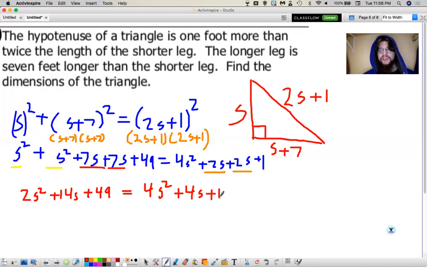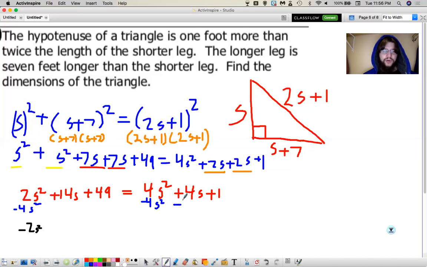It does not matter which side you make equal 0. Make one of them equal 0. I like getting everything to the left side. It's just personal preference. I am going to subtract 4s squared. In fact, I'm going to write it down because it's going to be a lot of things at once. So I misspoke a moment ago. If I do that, that's negative 2s squared.